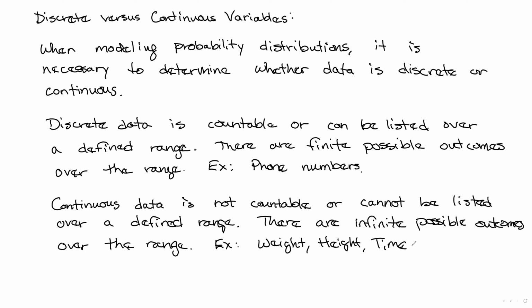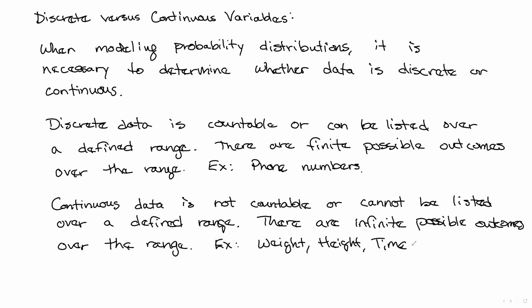So you say, okay, let's do 7 decimal points worth of accuracy, and then someone comes with 14 decimal points worth. You can always add more decimal points to weights, and the same thing is true of heights or times. Anything where you can always add more decimal points of accuracy is an example of continuous data.